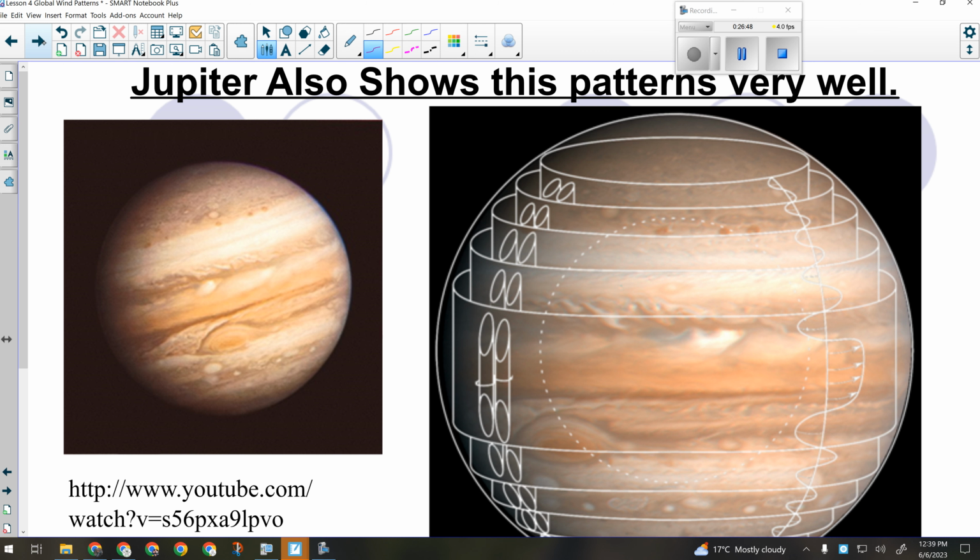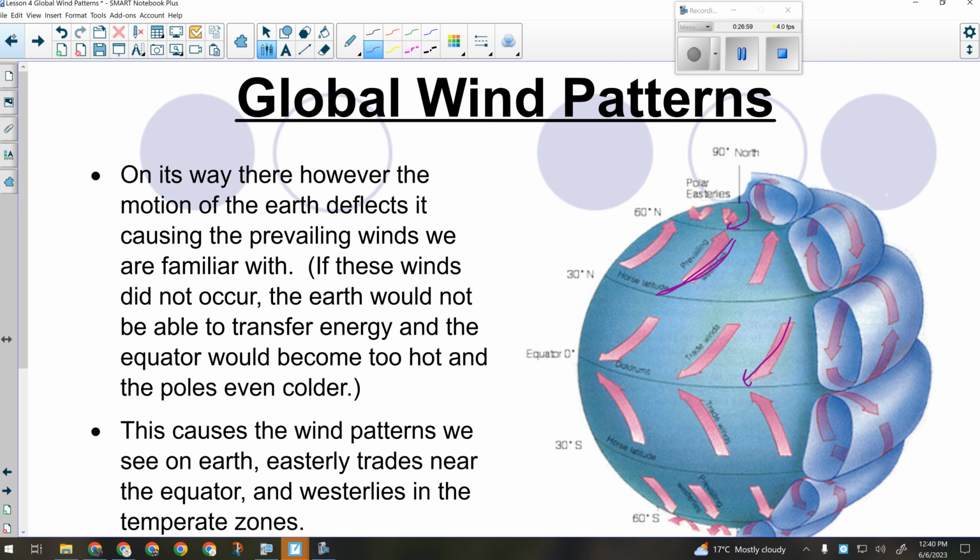Now, you can't see this in the Earth's atmosphere because the Earth's atmosphere is transparent. But you can actually see these bands of wind that are diagrammed on all of these diagrams. Here's the equator, and then there's this other band of wind, and this other band of wind, and they're going in different directions. It's hard to see that on the Earth because you don't see the movement of the air.